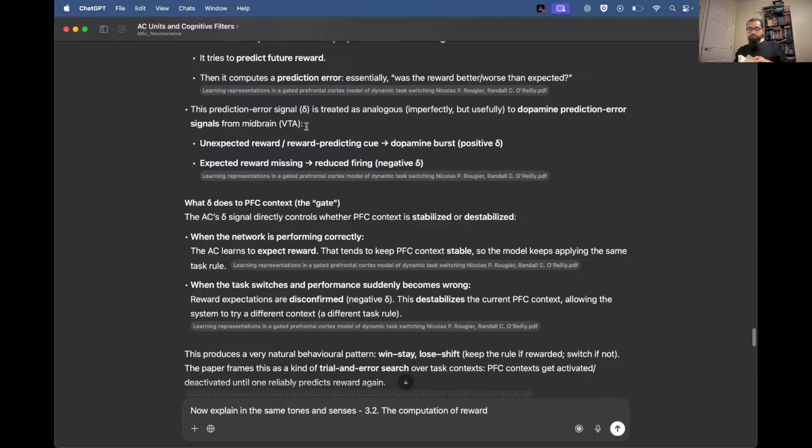Got here finally, alhamdulillah. Right, so VTA, I remember I highlighted it specifically.